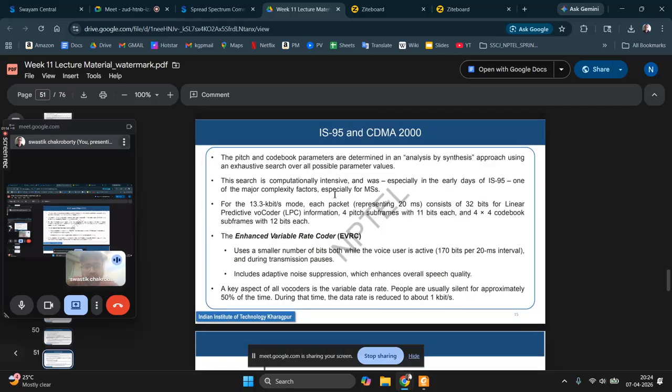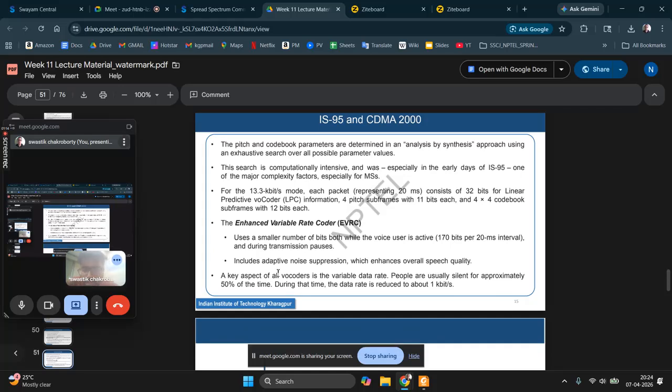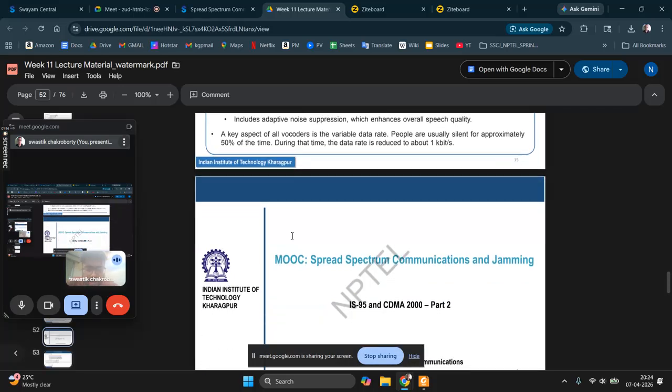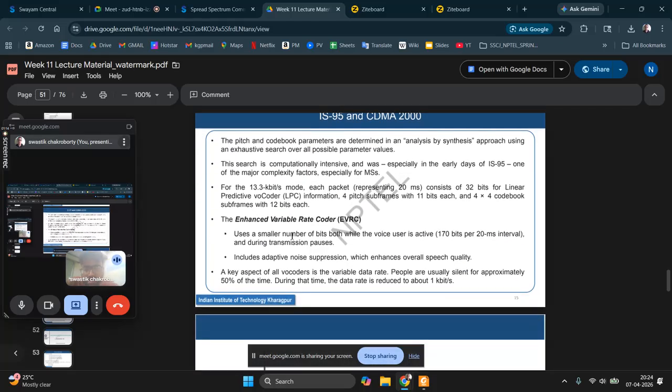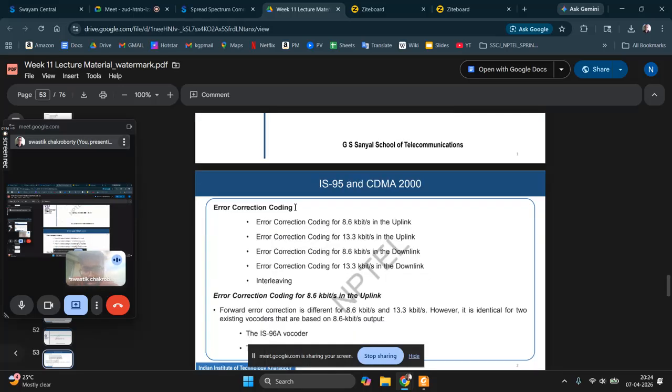The pitch and codebook parameters are determined in an analysis by synthesis approach using an exhaustive search over all possible parameter values. This is the enhanced variable rate coder.